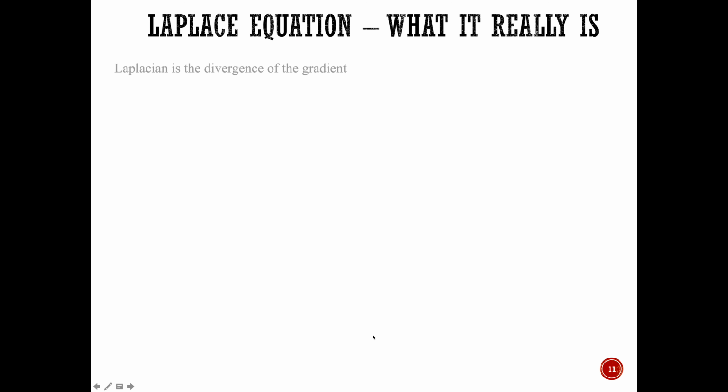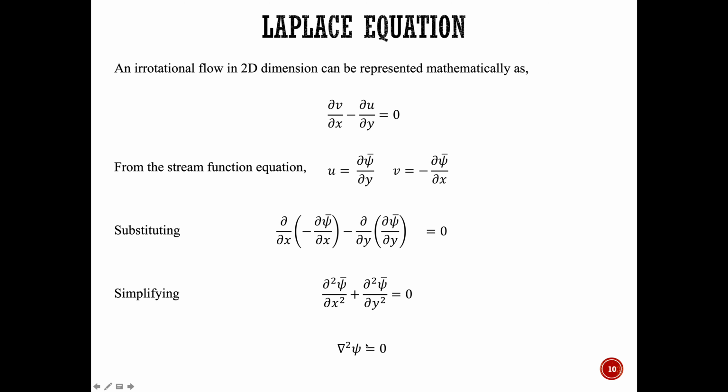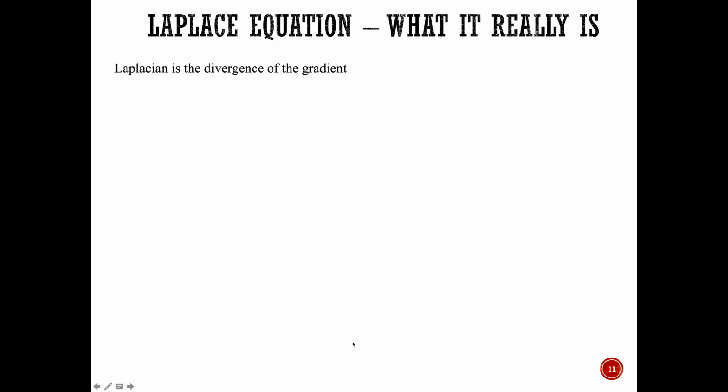You can write the Laplacian, this term right here, as the divergence of the gradient, because that's what it really is. It's basically del dot del psi, so you're taking a divergence of the gradient of the stream function.